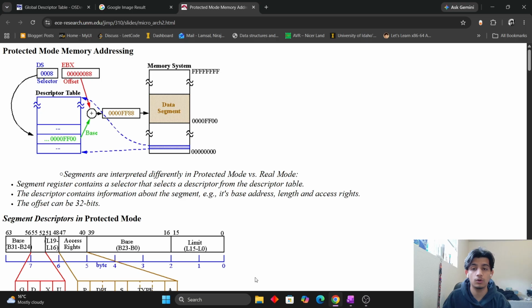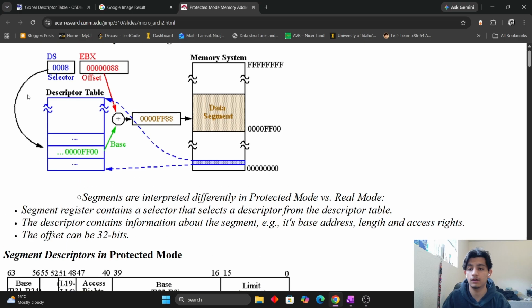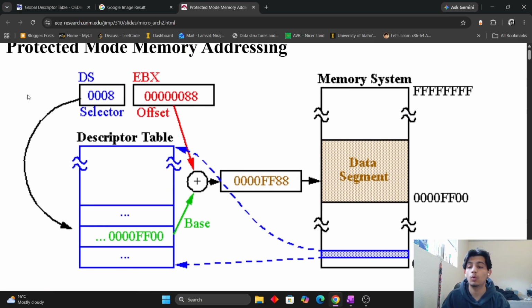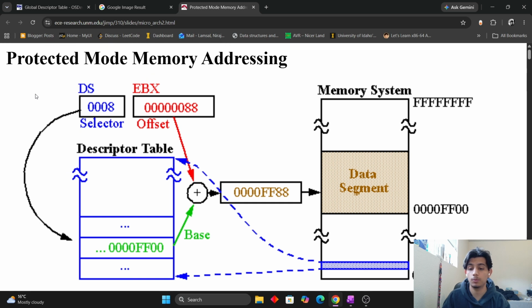But before we go, I want to explain this thing. Suppose we need to access some kind of memory. First of all, we have an offset, because we will always have an offset when trying to access memory.